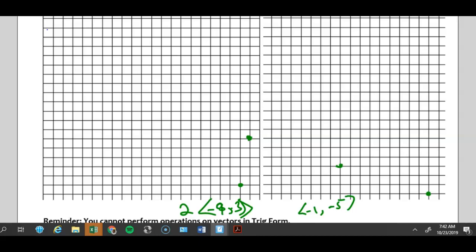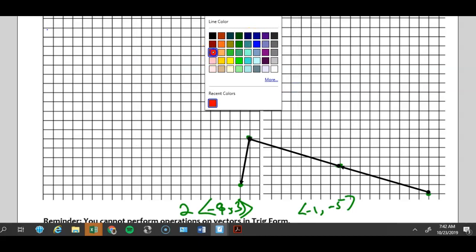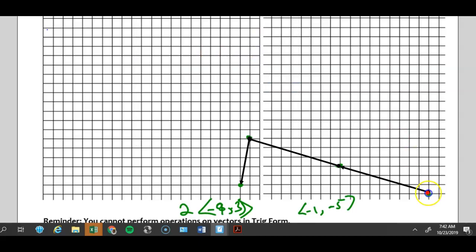So here's how this vector should look. W gives us, boom, there we go, right there. You get the general idea.